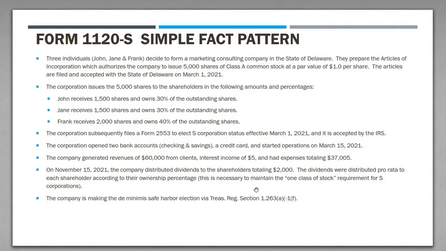So it's very different than a partnership, which can allocate and distribute money in a variety of different ways that's not necessarily consistent with what ownership percentage the partner might have. With S corporations, everything's got to be pro rata. If it's not, then you violate that one class of stock principle, and you could inadvertently terminate the S election, which is not ideal, right? A lot of times you do not want to do that.